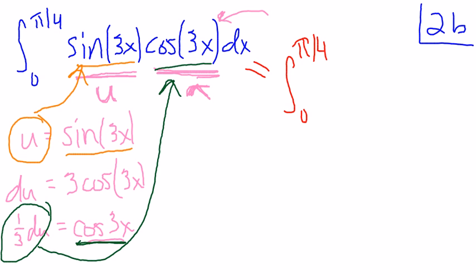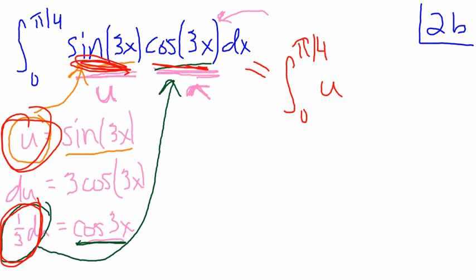Anyway, so the integral from 0 to pi over 4 of u, which is this, and then which gets replaced by that, and then the 1/3 replaces that times 1/3 of du. So watch what happens here.